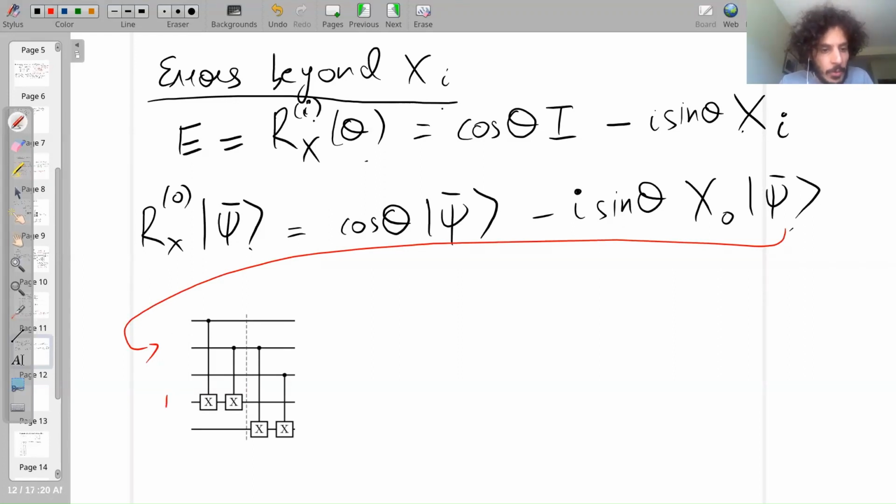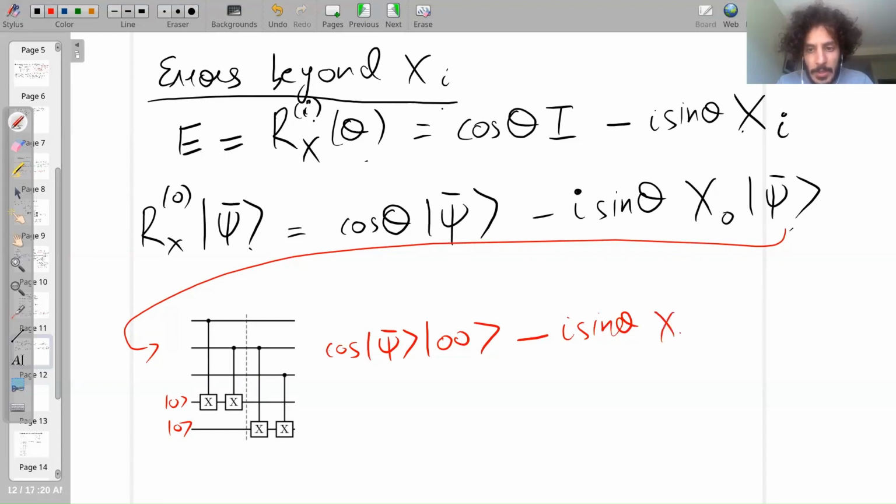You have two additional things here, and the entire state of these 5 qubits will be cos theta psi bar with syndrome s, and the syndrome for no error is 0, 0, minus iota sine theta, this x0 psi bar, and the syndrome for error on the 0th qubit is 1, 0.